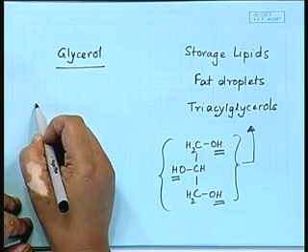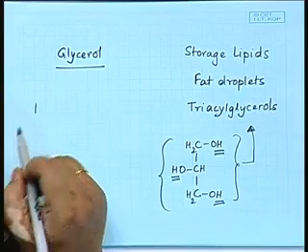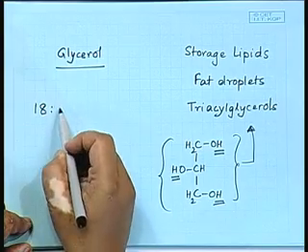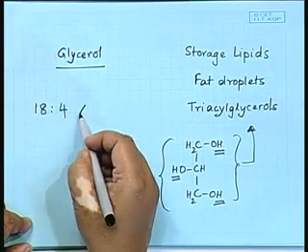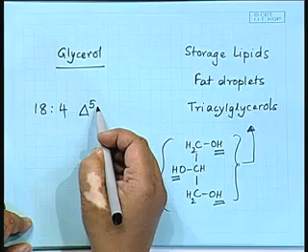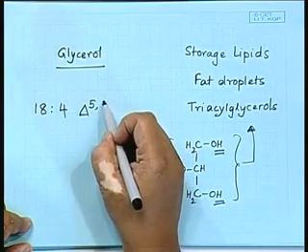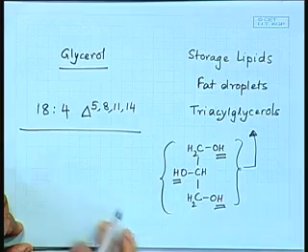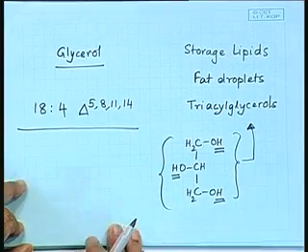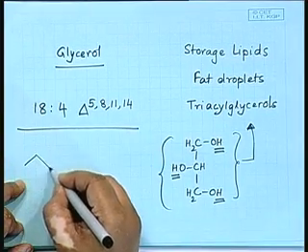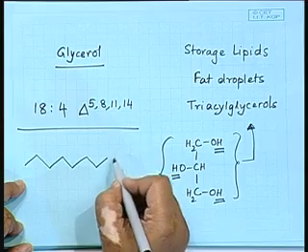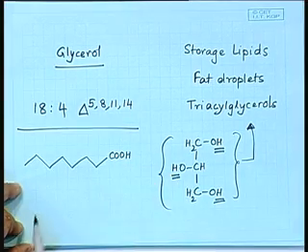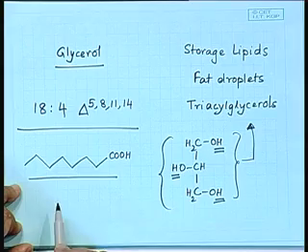What can they be esterified by? They can be esterified by a series of fatty acids, and we learnt that if we have such a nomenclature, delta 5, 8, 11, 14, we know how we can write this. We have normally a long carbon chain where we have the COOH attached in a normal fatty acid.